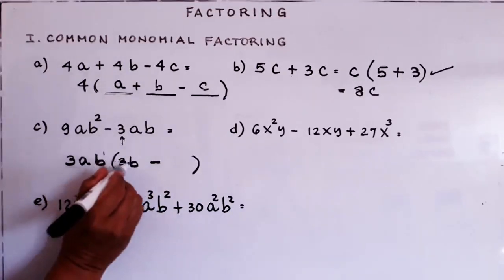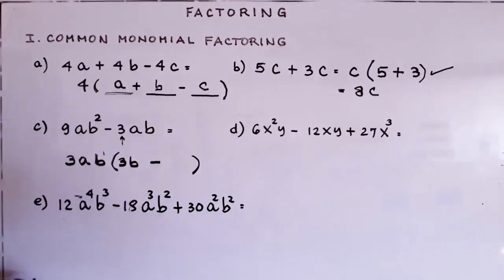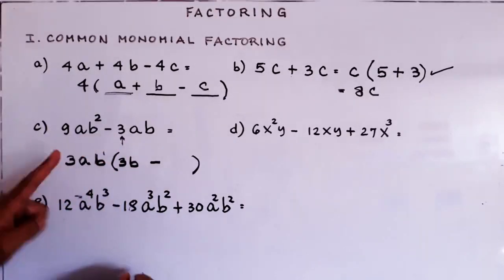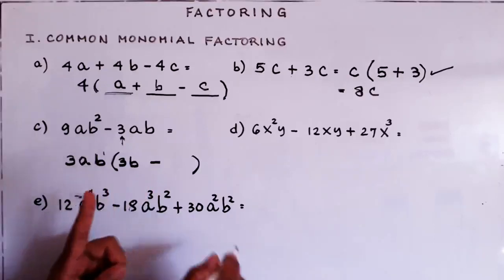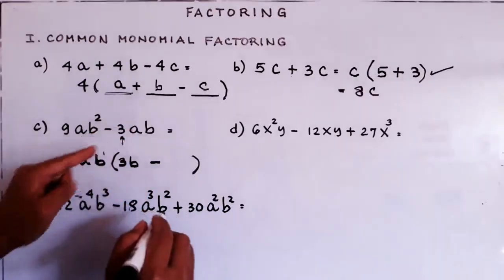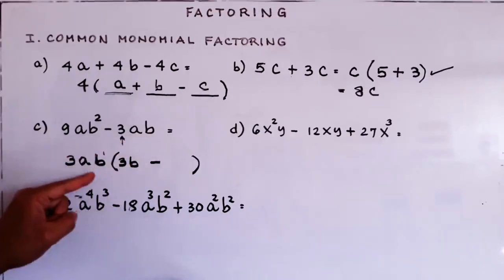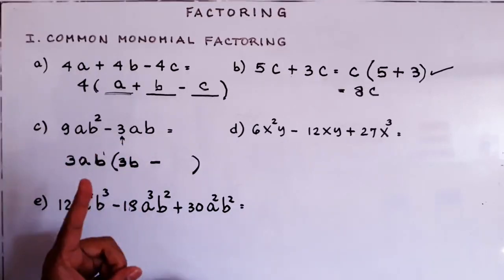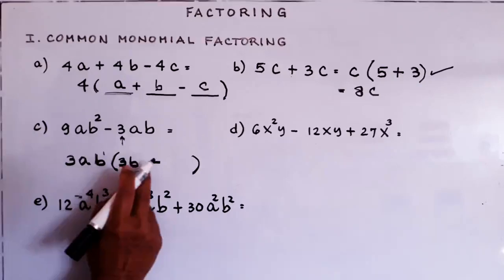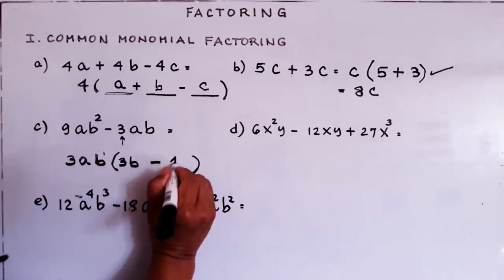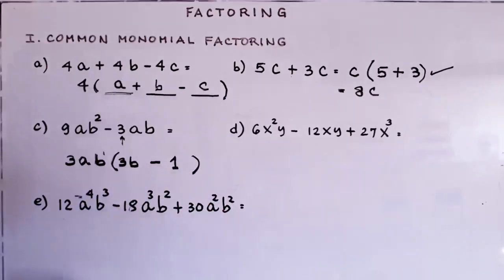So this is 3B to the first power. Next, minus, 3 divided by 3 is 1. A divided by A is 1. B divided by B is 1. So you're not going to leave this as 3B minus nothing. You should put the 1 here, or else it will be wrong.